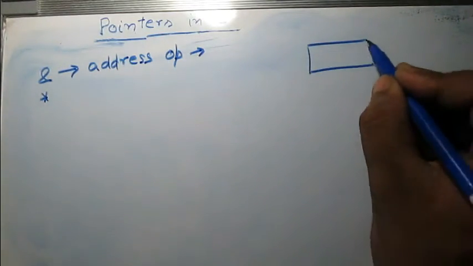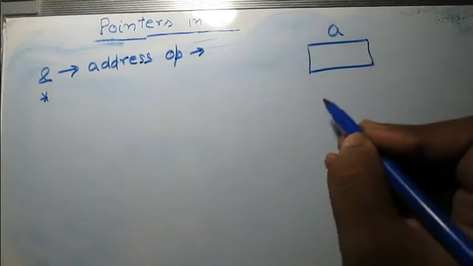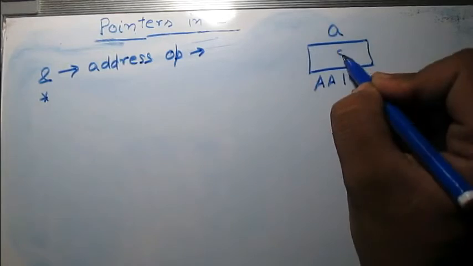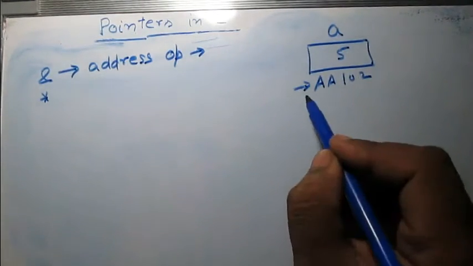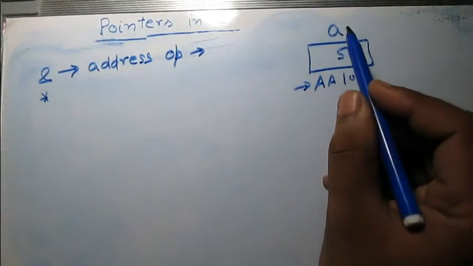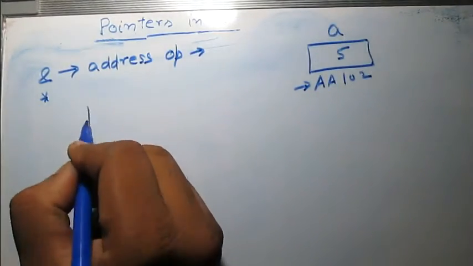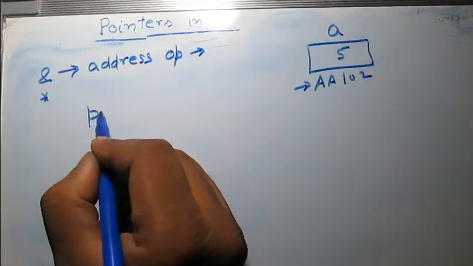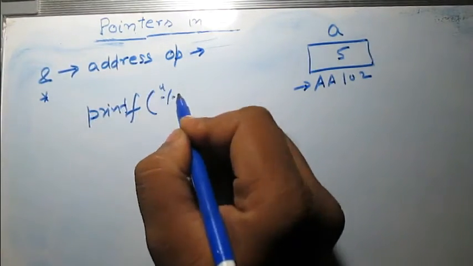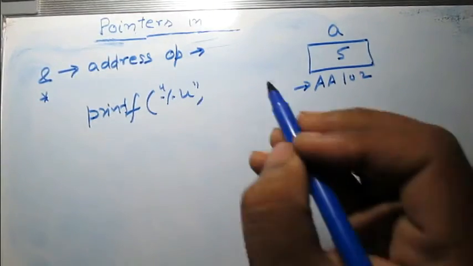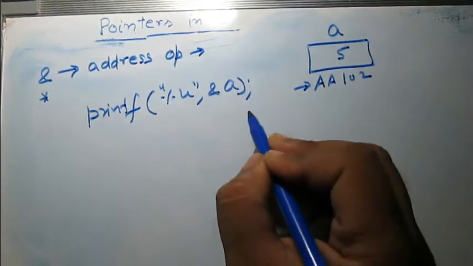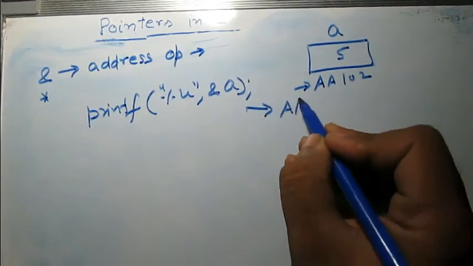Suppose this is the variable, this is the name of the variable, address of the variable, content of the variable. So if I want to know the address of this variable, I have to place ampersand before the variable name. For example, I have to write printf("%u", &a). So this will print the address of variable a.